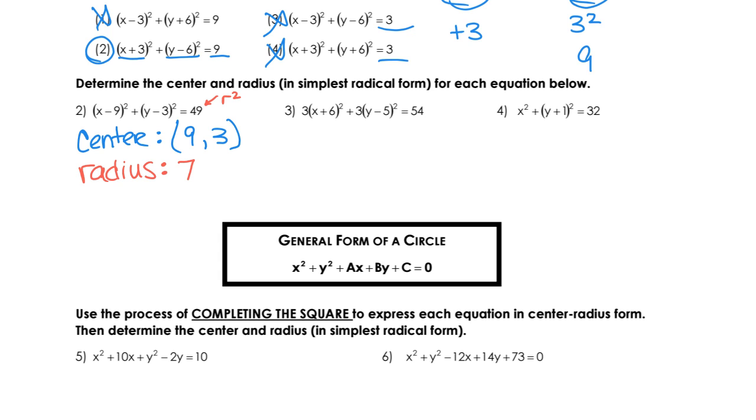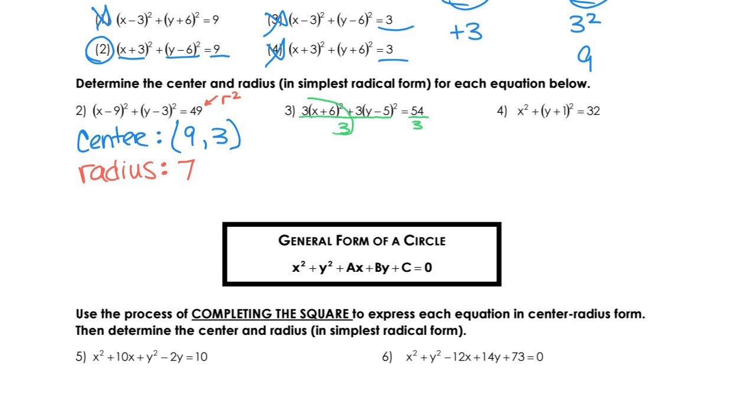Number 3 is a little bit different. We haven't seen this before, but they've got these 3's here, see them? So in order to make this equation just like the one we just finished and what we've seen before, we're going to divide by 3. But if we divide by 3 on the left-hand side, we have to divide by 3 on the right-hand side.